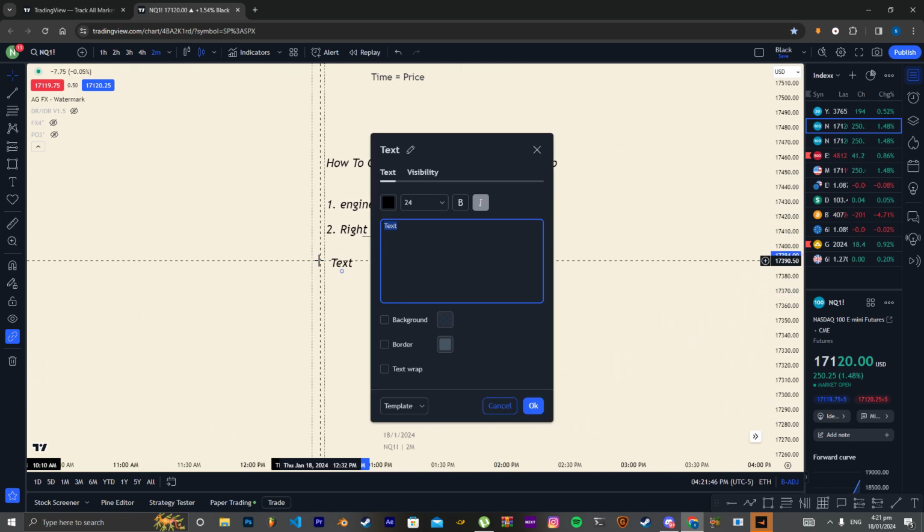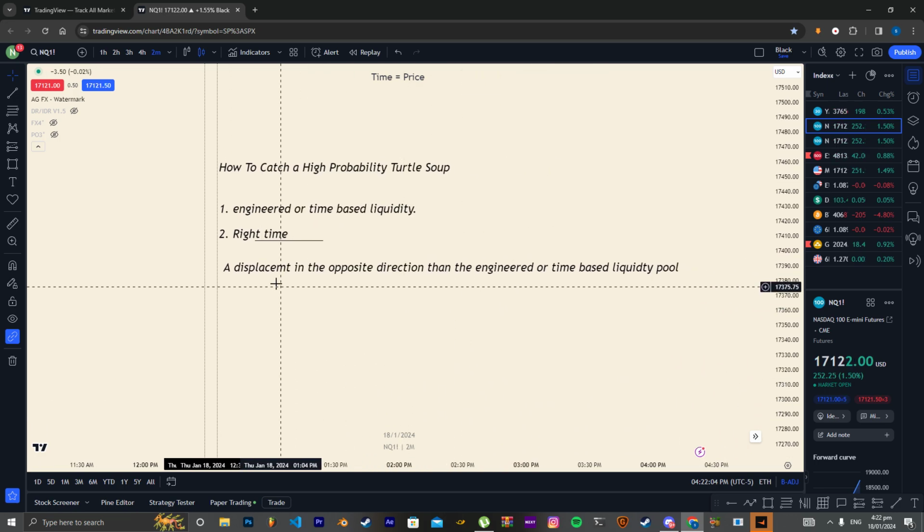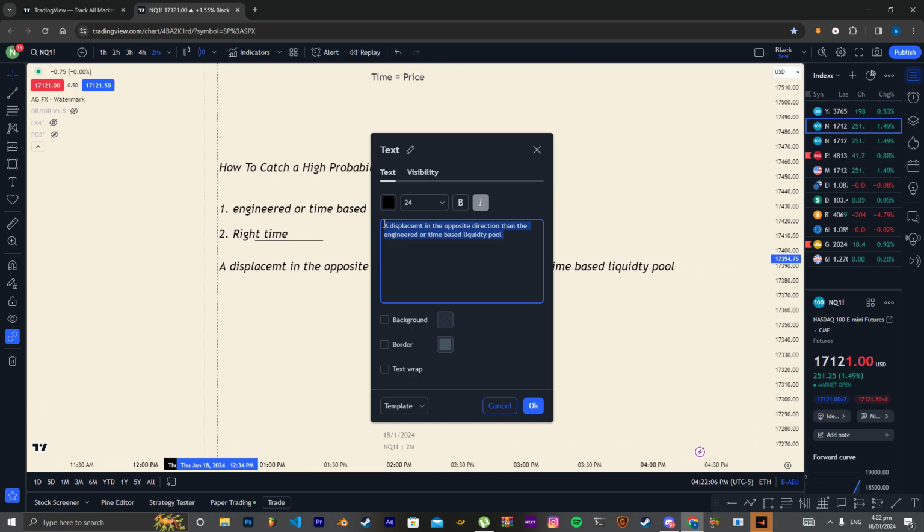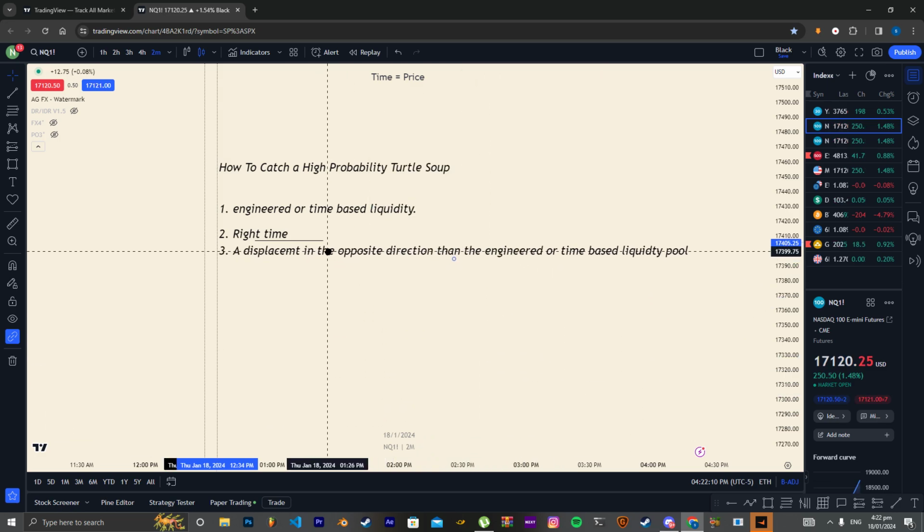And then we need to see a displacement in the opposite direction than the engineered or time-based liquidity pool, right? We need to see a displacement, a sharp energetic move, and then a quick move back into the range after we see it.